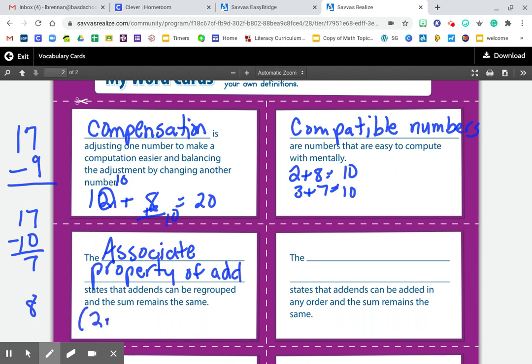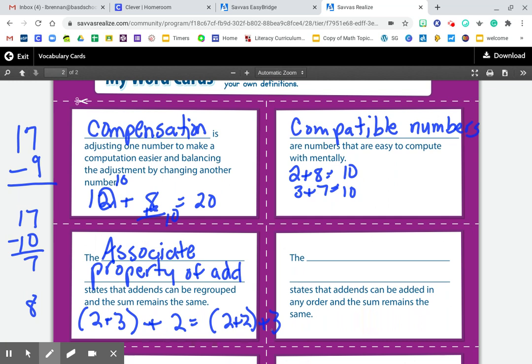So if I have 2 plus 3 plus 2, it's the same as saying 2 plus 2 plus 3. I can move them around and I have the same value. We can only do that in multiplication and addition. We can't do that in division and subtraction. Our answers come out all wonky.